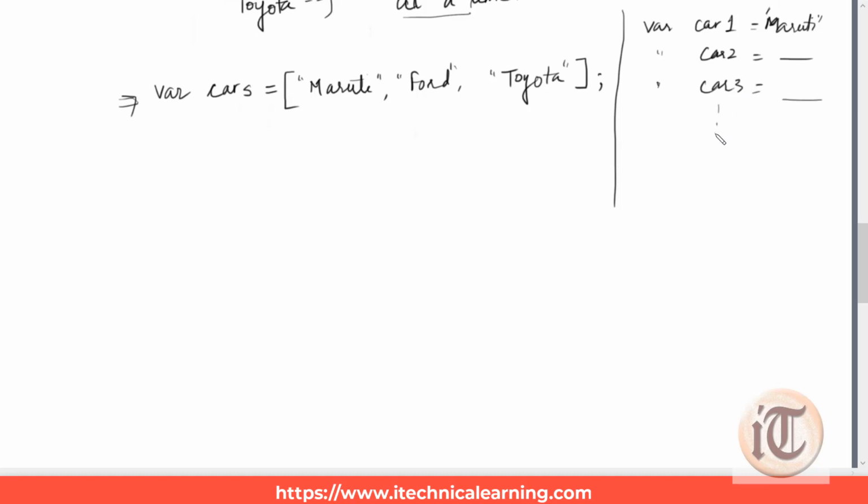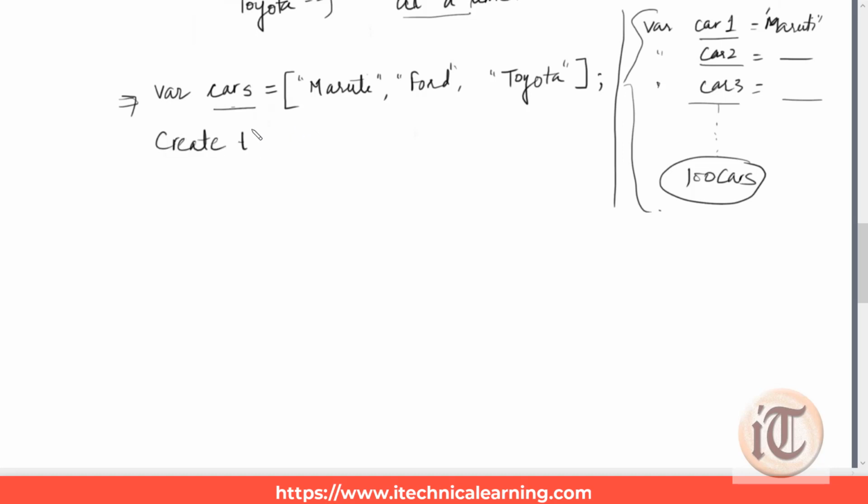And suppose I want to create a list of 100 cars. In such a case I'll have to declare 100 variables separately, car1, car2, car3, up to car100. In such situations, arrays are very useful for our programming. So the solution for this type of problem is arrays.